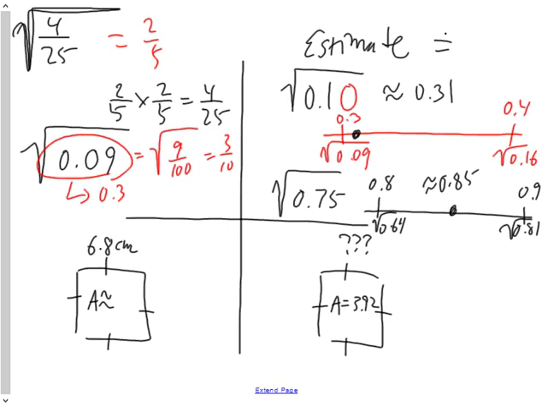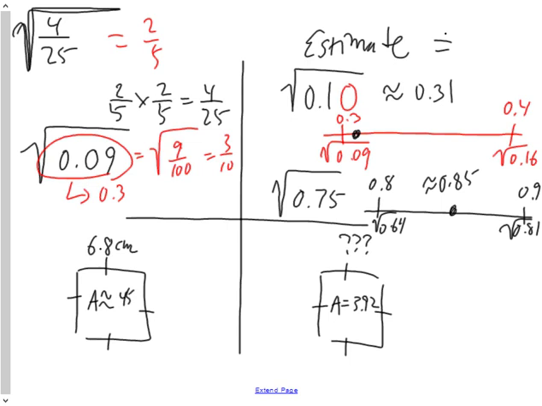The third question says, what's the area of this square if the side length is 6.8 centimeters? Again, you could say that's just a little bit less than if the side length was 7 centimeters, where the area would have been 49. So with the side length being 6.8, I'd say maybe 45, 46 square centimeters.